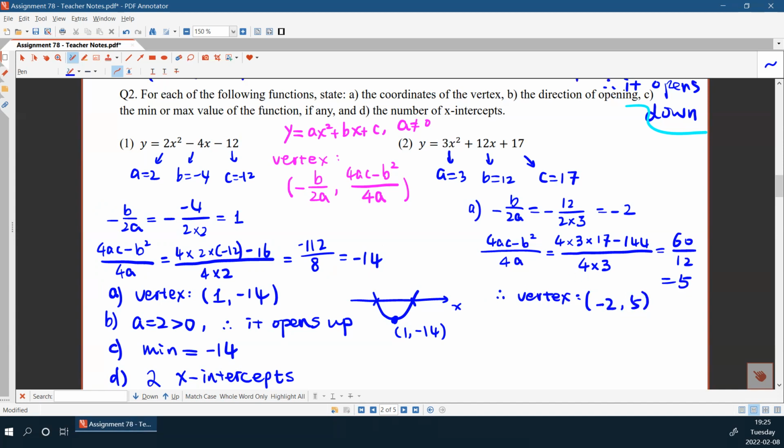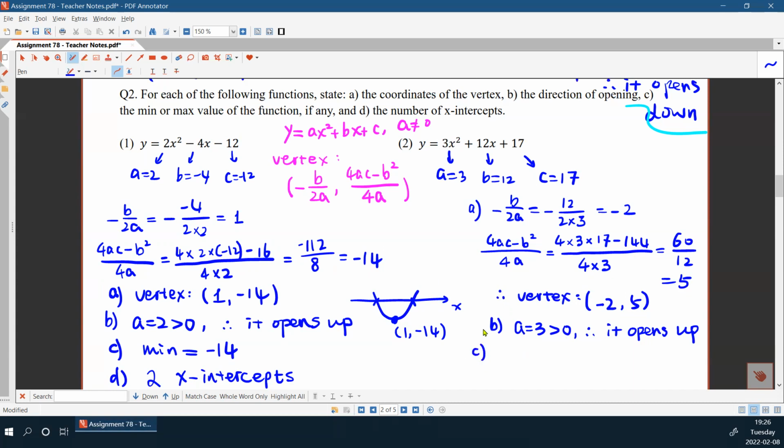That's the coordinates of the vertex. And then B depends on the leading coefficient A. And apparently A equals 3, which is greater than 0. Therefore, it opens up, right? Because when A is greater than 0, it opens up.